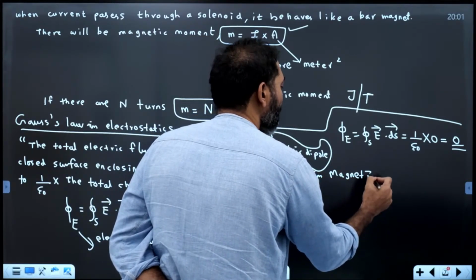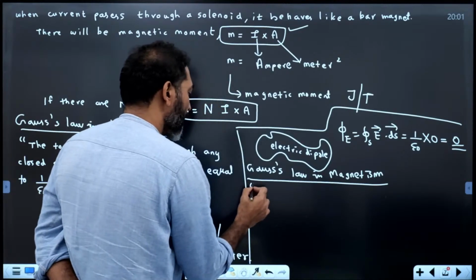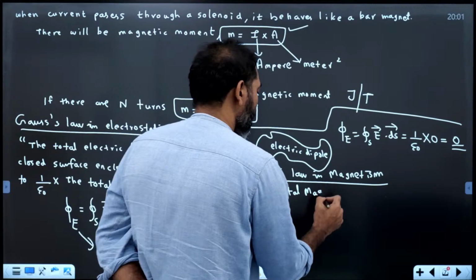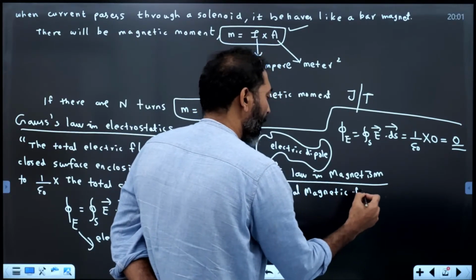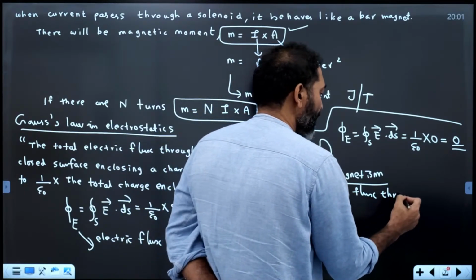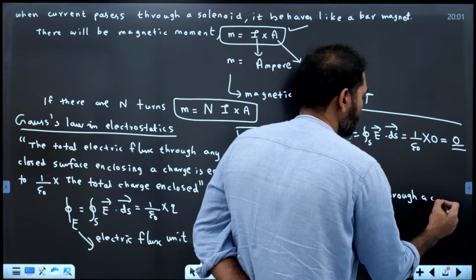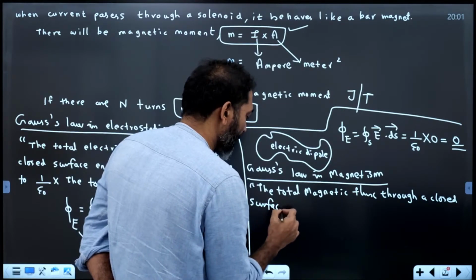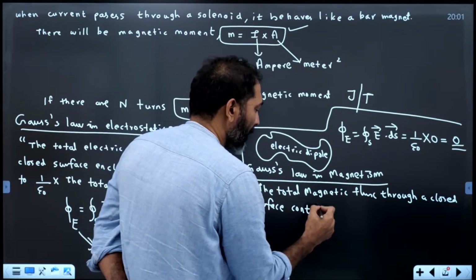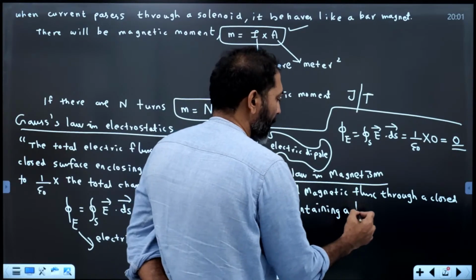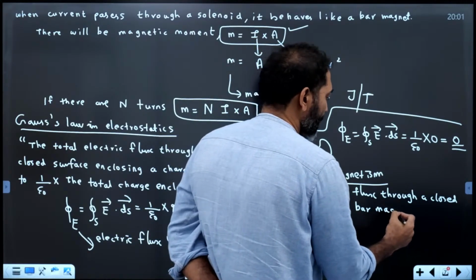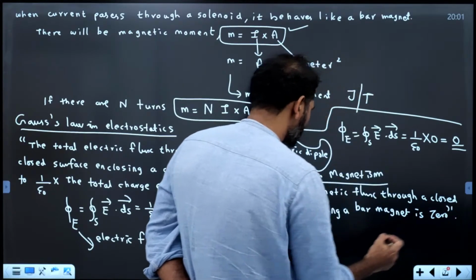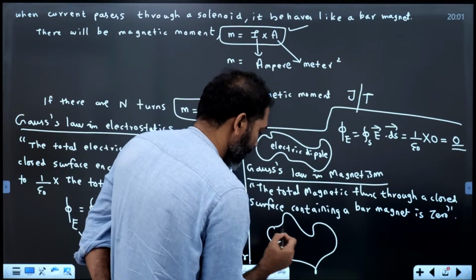What is Gauss's law in magnetism? The total magnetic flux through a closed surface containing a bar magnet is 0. Why are we saying that? See, suppose a closed surface contains a bar magnet.